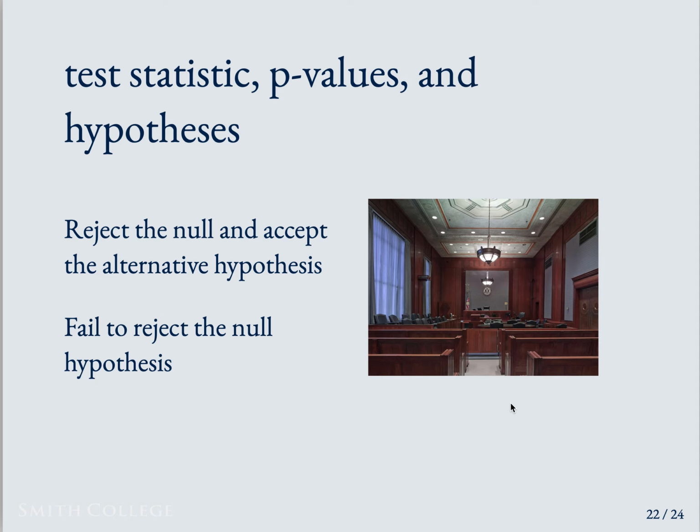But we have to fail to reject the null hypothesis. We can't accept that beta 1 equals 0. We don't necessarily have evidence to say that someone's innocent. We only have evidence to say we can't tell that you're guilty. So we're going to say that you're not guilty, right? We can fail to reject that null hypothesis, but we can't accept it directly.